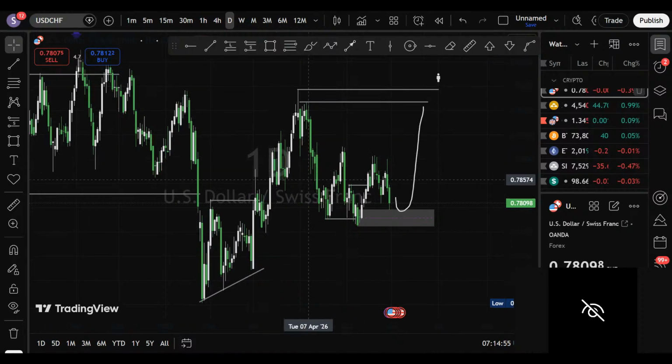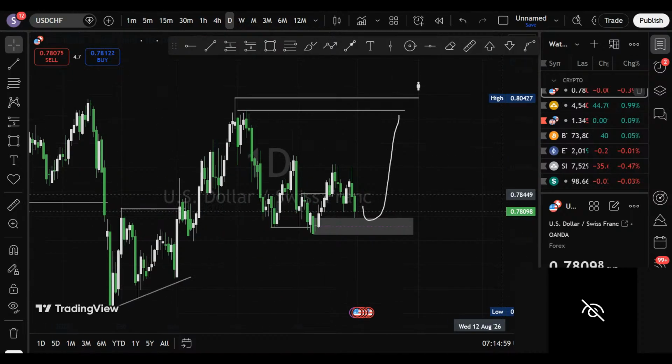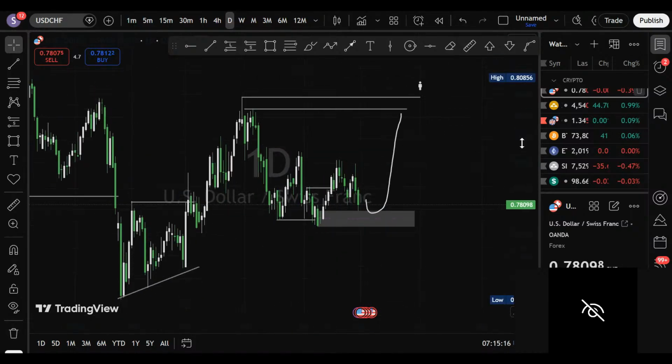Whenever you want to do your top-down analysis using the CLT concept, you have to approach it like this, from the higher time frame to the lower time frame, because there is noise in the lower time frame and a lot of fake out and manipulation. So it's always advisable to stick to the higher time frame.